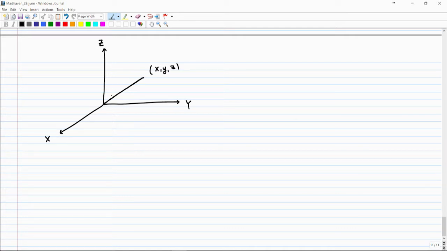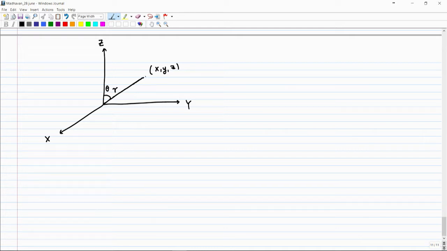So, this distance from the origin to that point is r, and now in this case your theta and phi have to be defined differently. So, what is done is the angle with the z axis is called theta. And remember, this point need not be in the x y plane, it can in general be outside the plane.